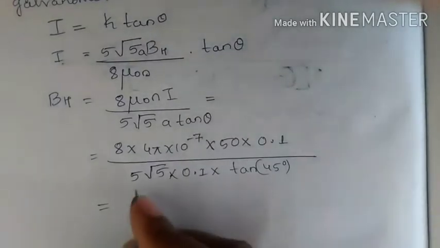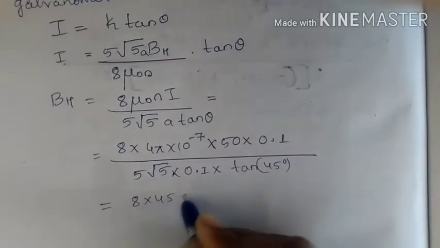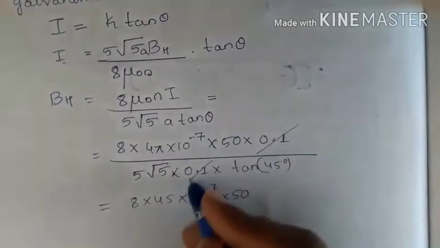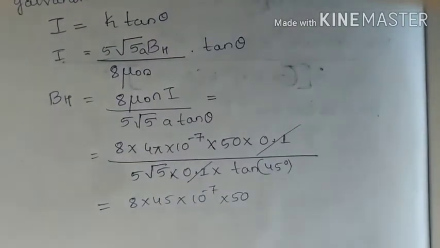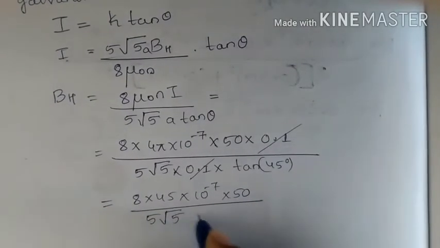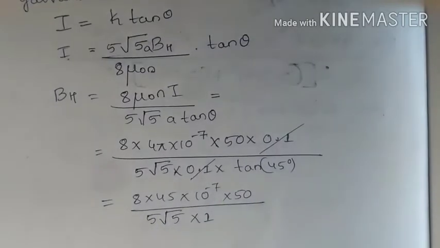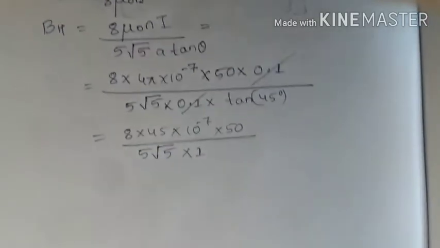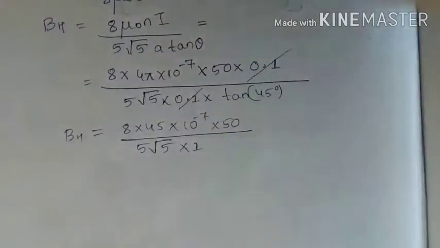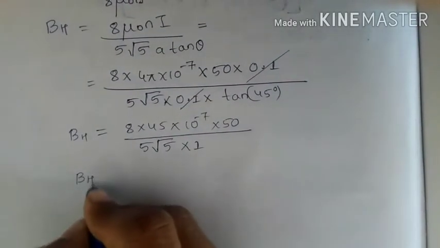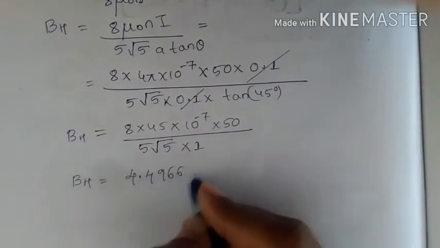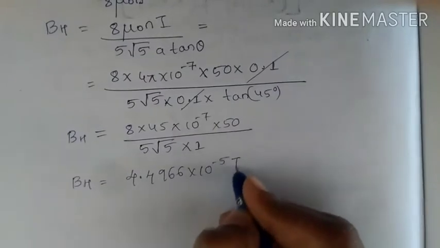So let us substitute that. 8 into 4π into 10 power minus 7 into 50 into 0.1 will get cancelled. So 50 divided by 5√5 into 1. Now if you solve this overall expression for B_H, then you get B_H somewhere around 4.4966 into 10 power minus 5 Tesla.